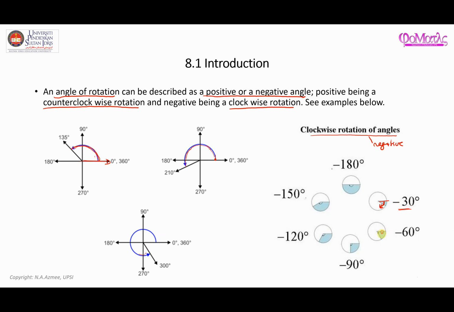If you move on, it will become negative 60. Further downwards becomes negative 90, and so on. So this becomes negative 120. This is negative 150, and then it reaches this straight line here. So this becomes negative 180 degrees. Very simple idea, positive and negative angle.